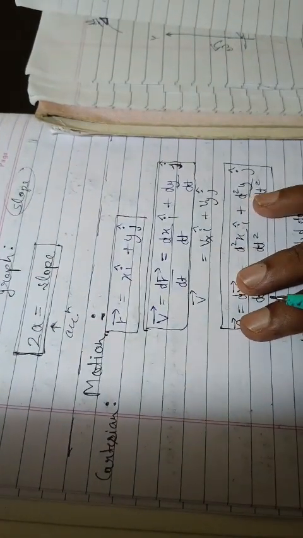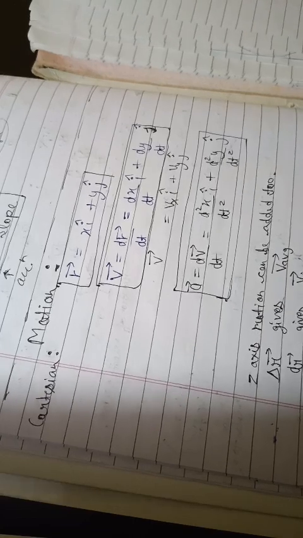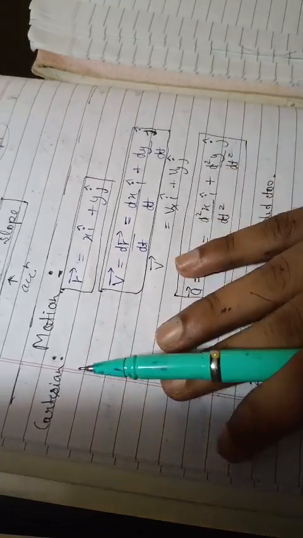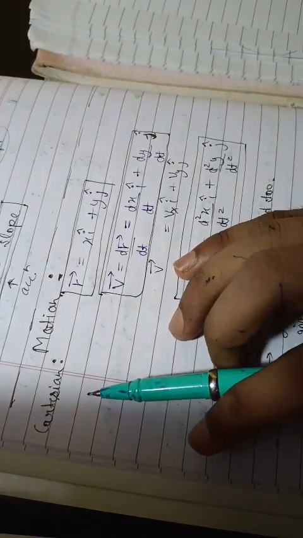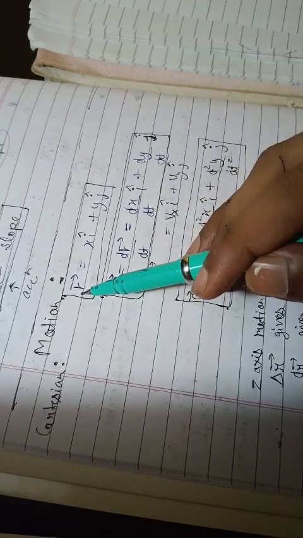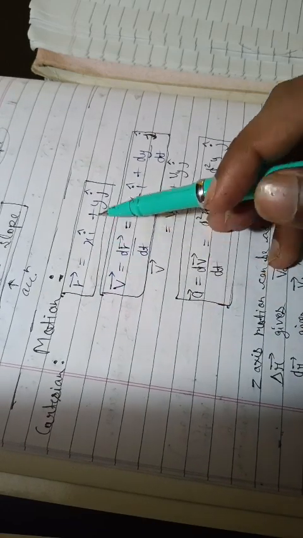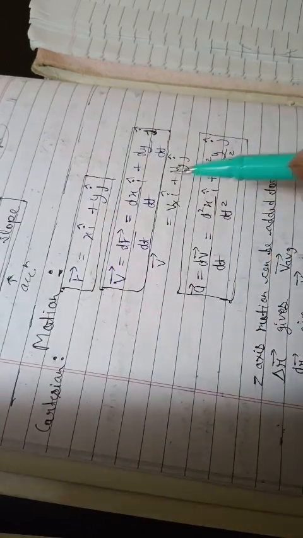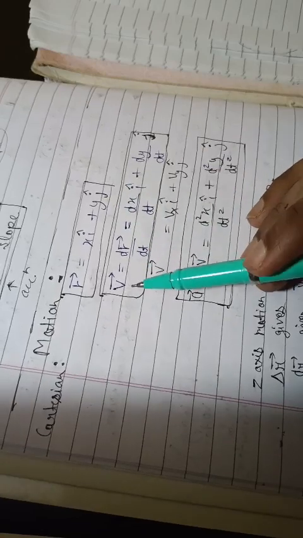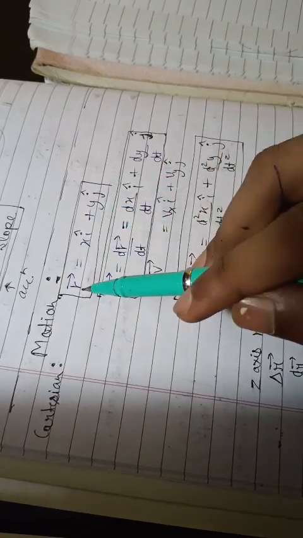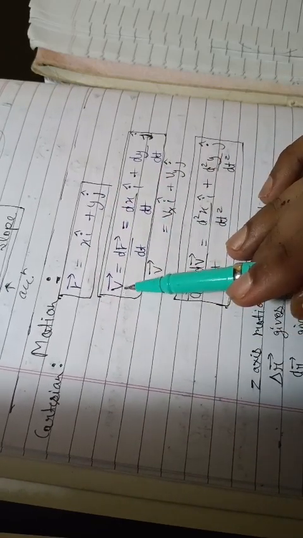Now we have the equations of motion. First, how to write the equations of motion in Cartesian. First, write the position vector x i cap plus y j cap, and then differentiate the position vector. We get velocity.